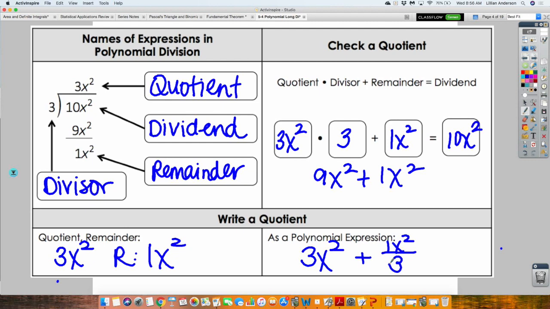So your quotient plus your remainder over your divisor, or minus your remainder over the divisor, depending on what the sign is. Yes, the x squared, there's your remainder. So it's always your remainder over your divisor. Anytime you have a remainder, that's how you should write that part. Questions?